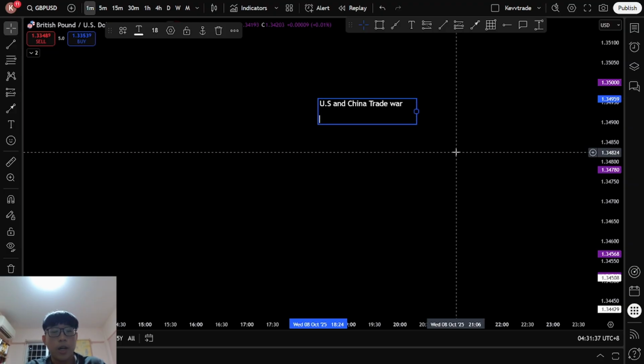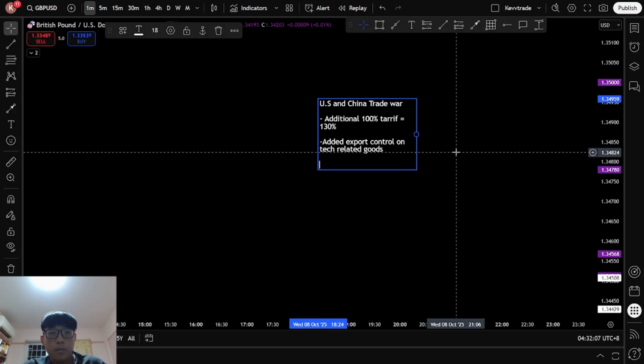Why is it rising? So, firstly, you have an additional 100% tariff, making China's total tariff percentage 130%. Not only that, they added export control on tech related goods.